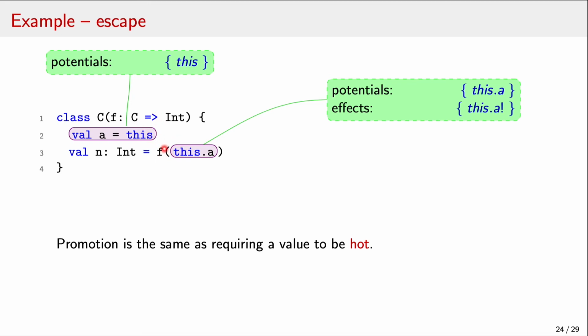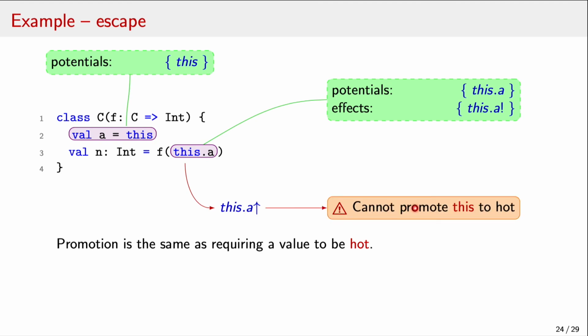The system produces the promotion effect this.a up arrow, which means that the potential this.a should be hot at this point. The code will be rejected because this.a is just an alias of this, but this is not yet hot at this point. Note that promotion is the same as requiring a value to be hot.